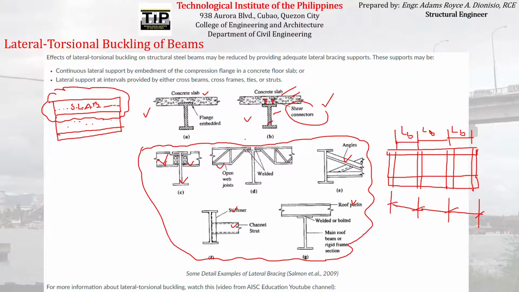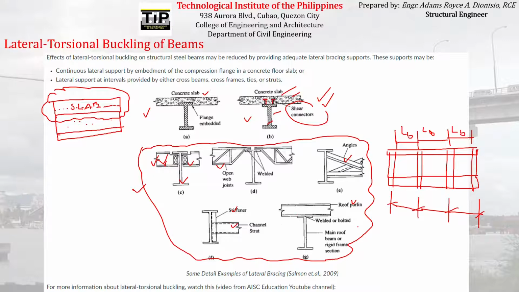For the case of non-composite construction, meaning you are using just a single type of material, which is steel, it is preferred to do this. You are using a steel to provide lateral bracing to another steel. In this case, you are using concrete to provide lateral bracing to a steel material. So usually you can see this in composite construction.